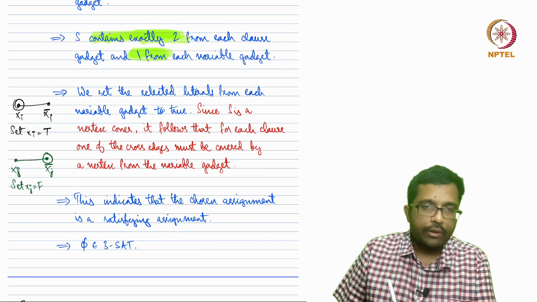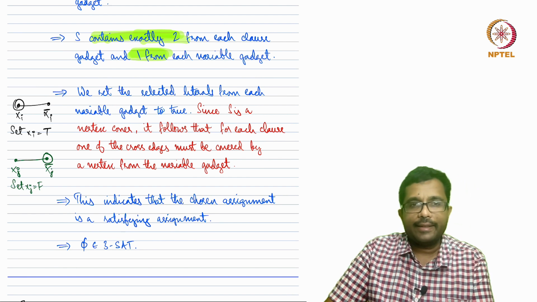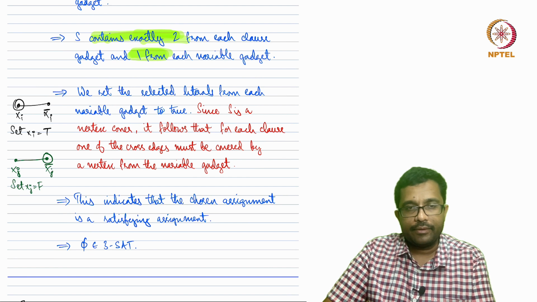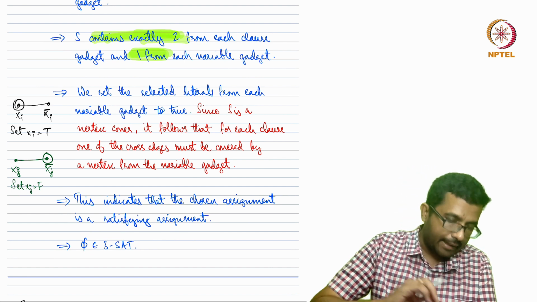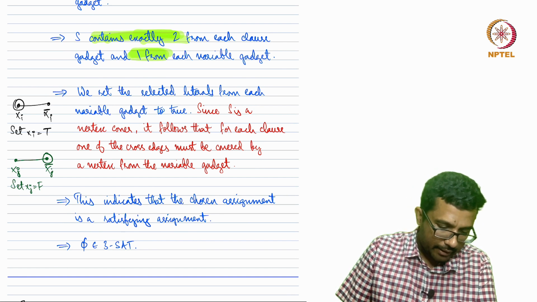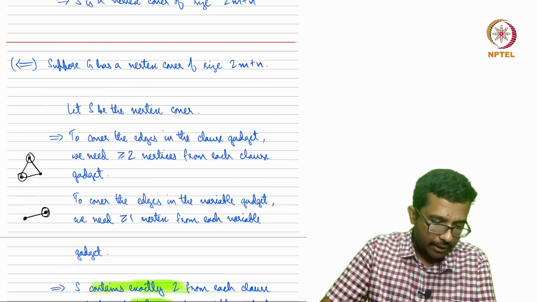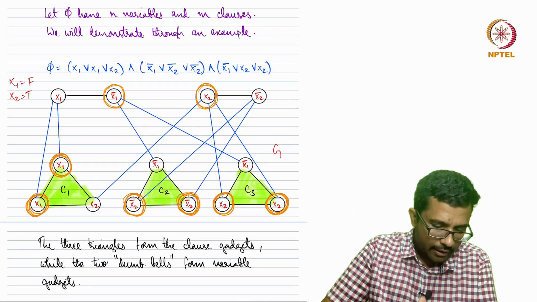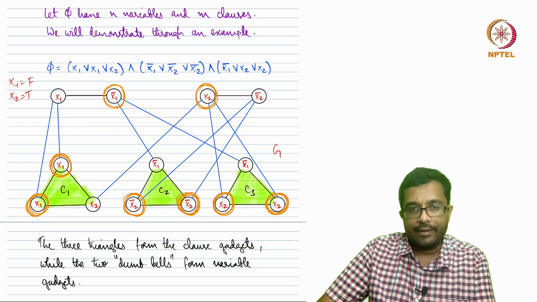So depending on which one we picked, and as I just explained, this will ensure that the selected vertices form a vertex cover. So the selected literals, if we set it this way, this assignment will form a satisfying assignment. This is because we need to argue that every clause has a true literal.